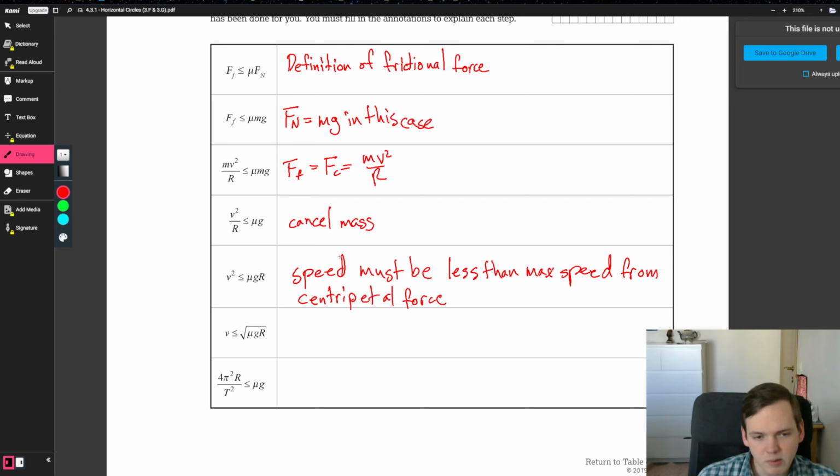So what we've done is basically algebraically rearranged this to say that the speed squared must be less than mu g r. Because we know that it doesn't slip, we know that this relationship has to stay constant, which gives us some indication of what the speed will be.